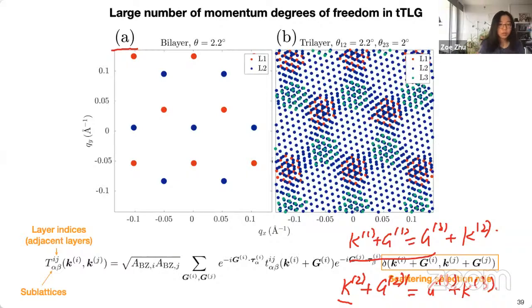As we do that, we see that all the degrees of freedom are interconnected, and as a result, the number of degrees of freedom gets really large. This is what figure B is showing: all the allowed momentum degrees of freedom from all three layers, still with a finite cutoff. We see that those degrees of freedom do not overlap with each other, which results in a very large basis set.